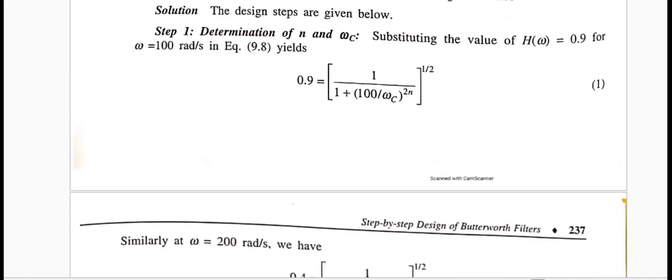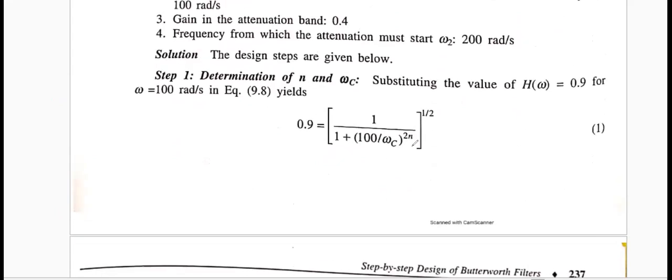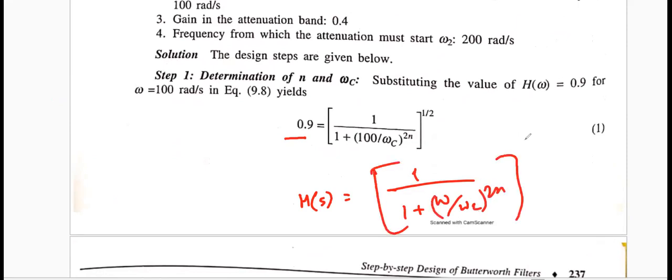So knowing the general equation, we can write H omega or H s is equal to 1 divided by the square root of 1 plus omega divided by omega c, whole to the power 2n. So that is the general equation. We have two values, omega 1 and omega 2.